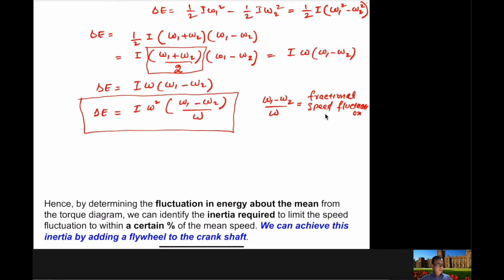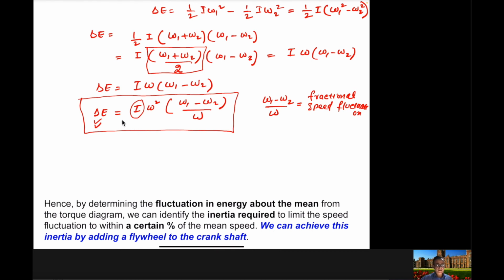And again, as you can see here, if you can find the energy fluctuation about the mean from the torque diagram, so if you can calculate this delta E, we can identify the inertia required. So we can calculate the I here, which is the inertia of the flywheel and crankshaft, to limit the speed fluctuation within a certain percentage of the mean speed, and we can achieve this inertia by adding a flywheel to the crankshaft.